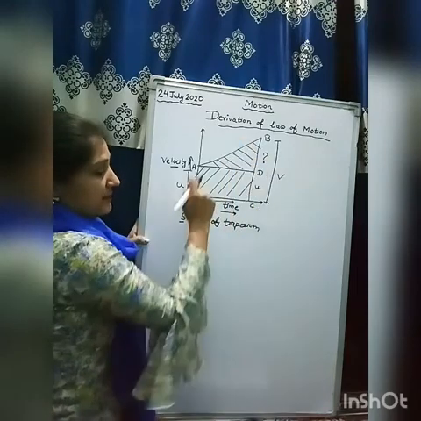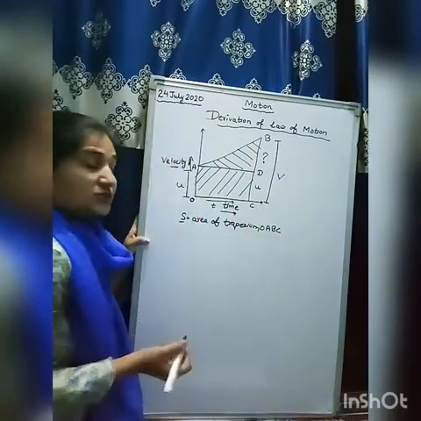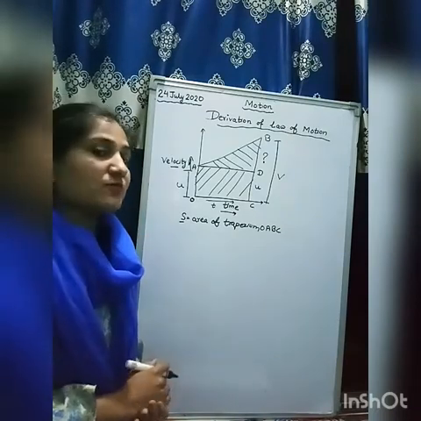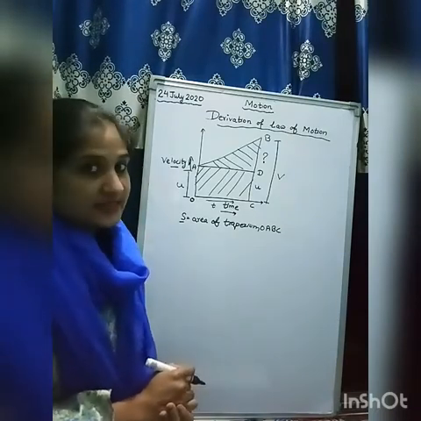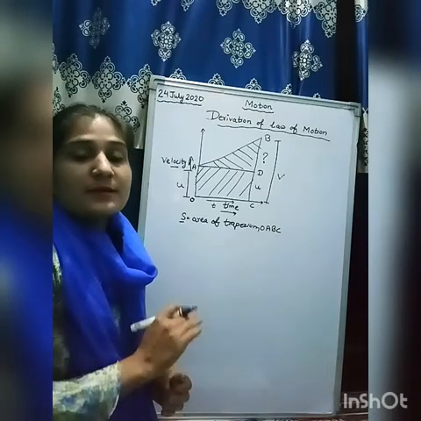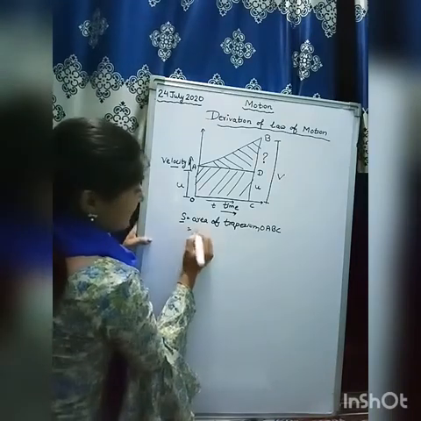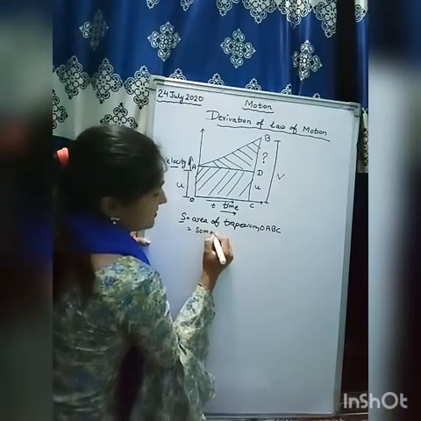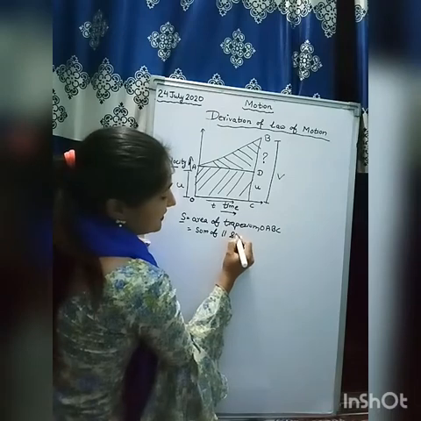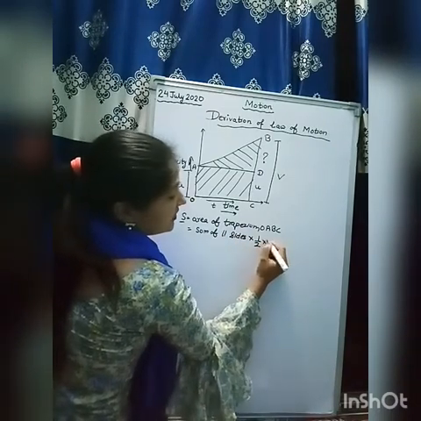This is a trapezium OABC. Students, do you know the formula for a trapezium? Yes, the area of a trapezium is the sum of parallel sides multiplied by half into height.